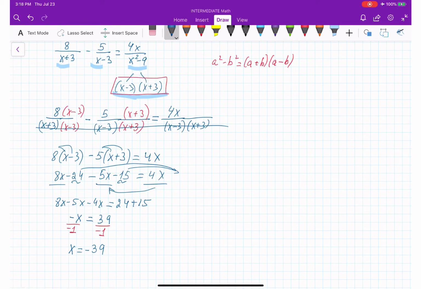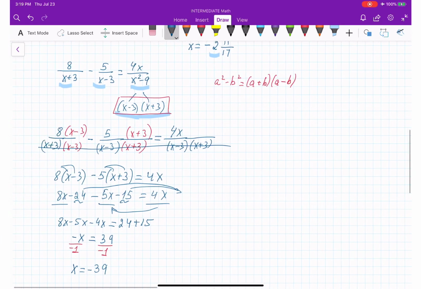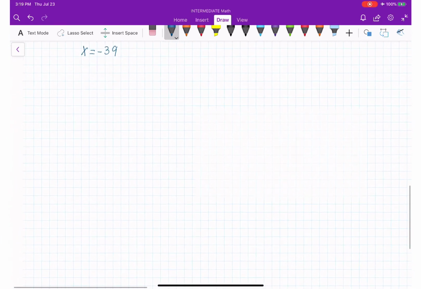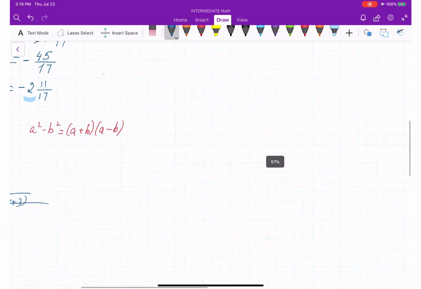I can try to solve here. No, I better start over because I will squeeze, huh? Okay, I can rotate around. That's fine.